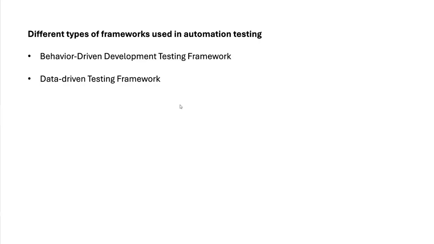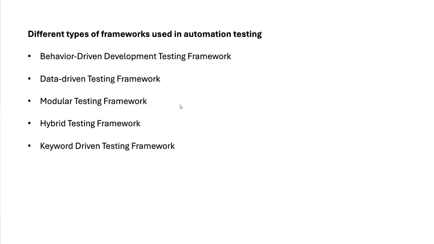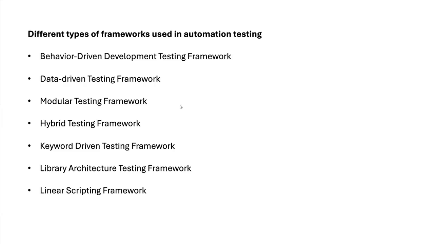This is another type of testing framework. Next is the modular testing framework, hybrid testing framework, keyword driven testing framework, library architecture testing framework, and next is the linear scripting framework. So these are the different types of frameworks that are available.